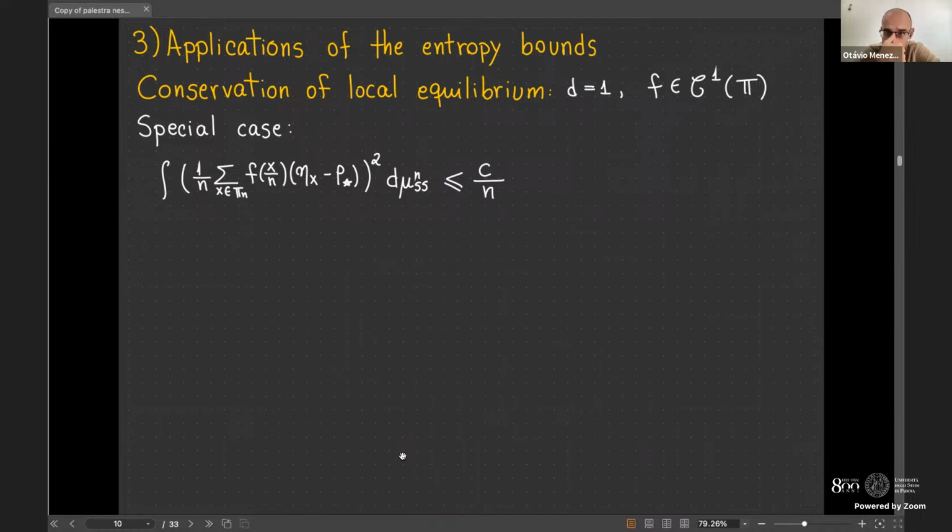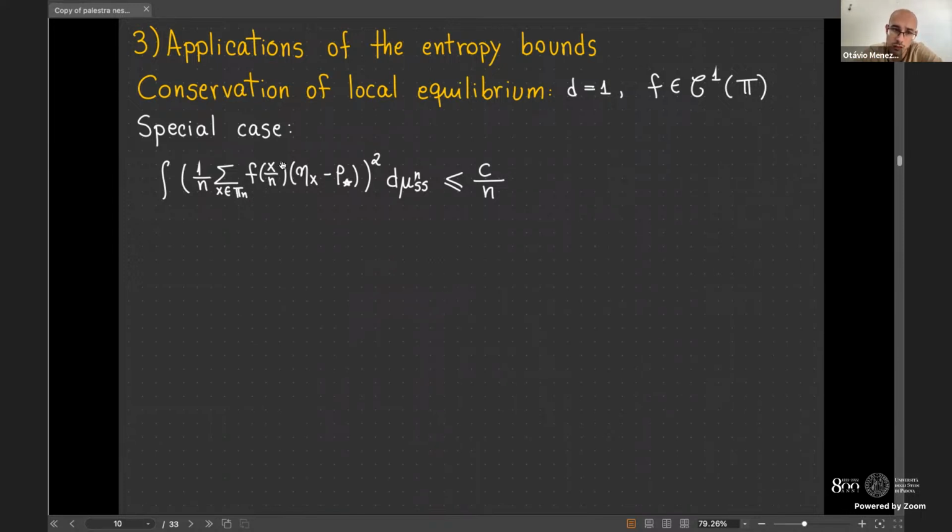So let's stick to d equals 1. One thing we could do is to look at the occupation of a site, eta x. It tells you if there is a particle there or not. We center it, not by the actual expectation, but by the guessed density. This is the density they would have in the law of large numbers, and we try to see if this concentrates, if this is close to the measure.